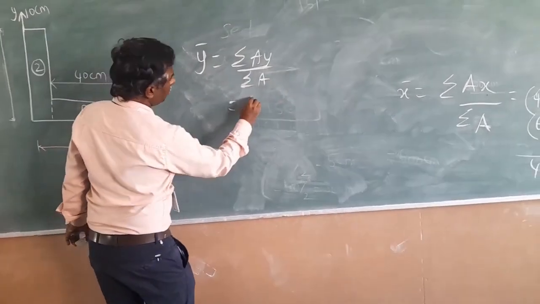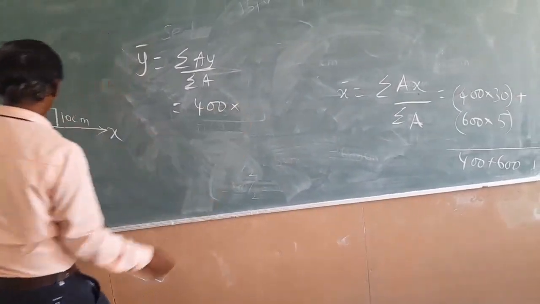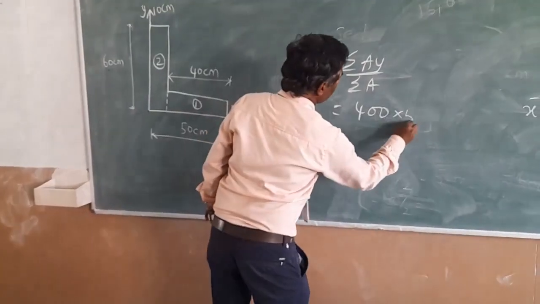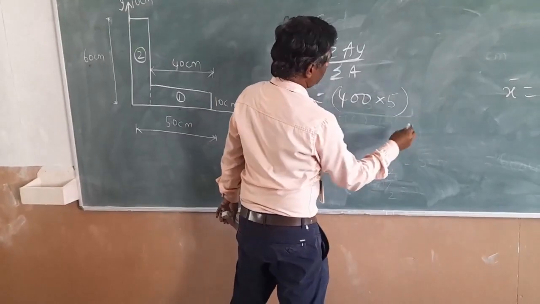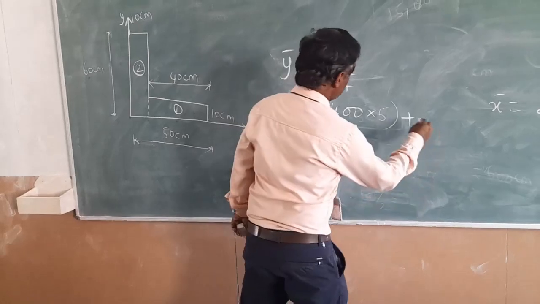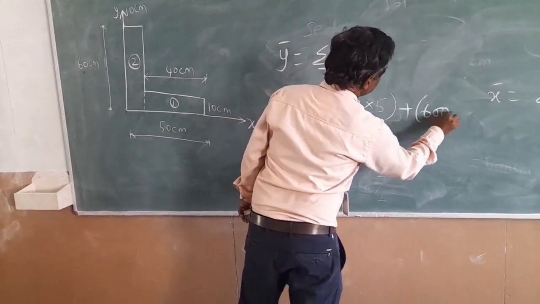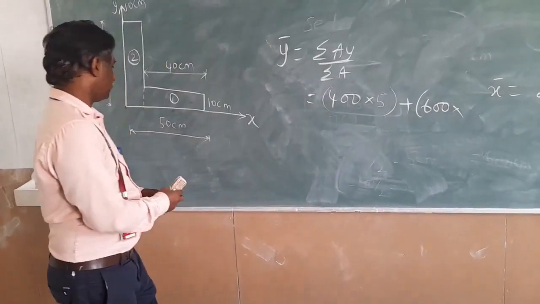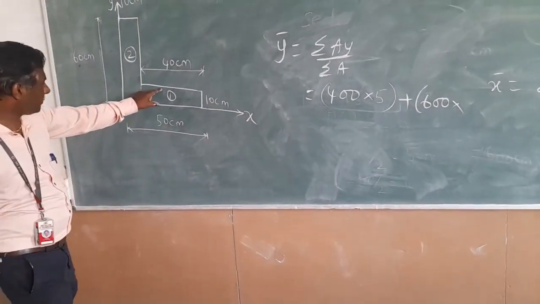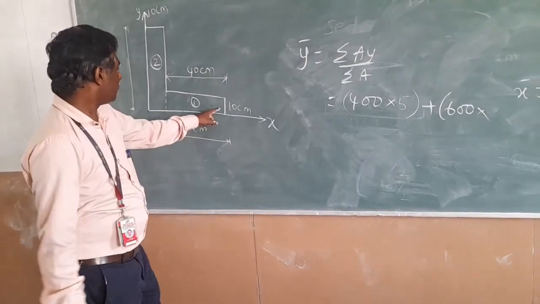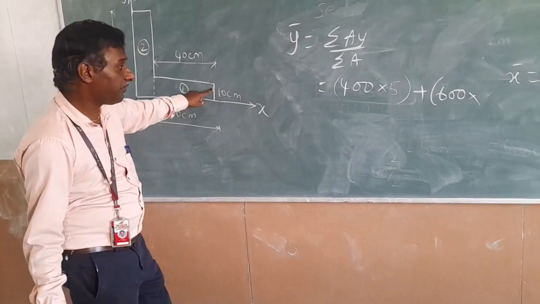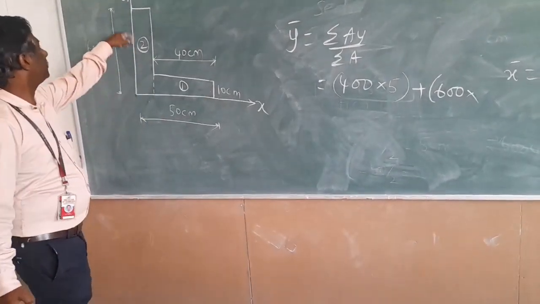So 400 into y1, here y1 equal to 5, plus 600 into y2, what is the y value?